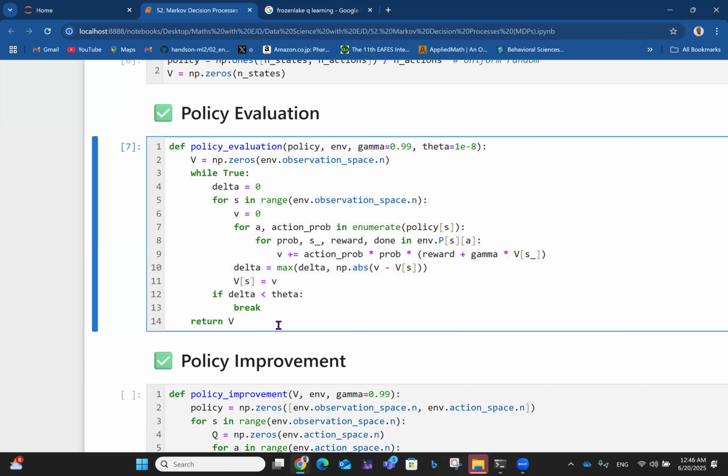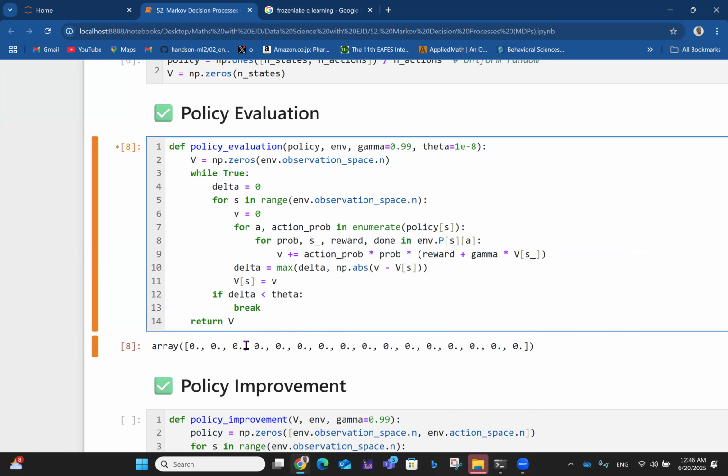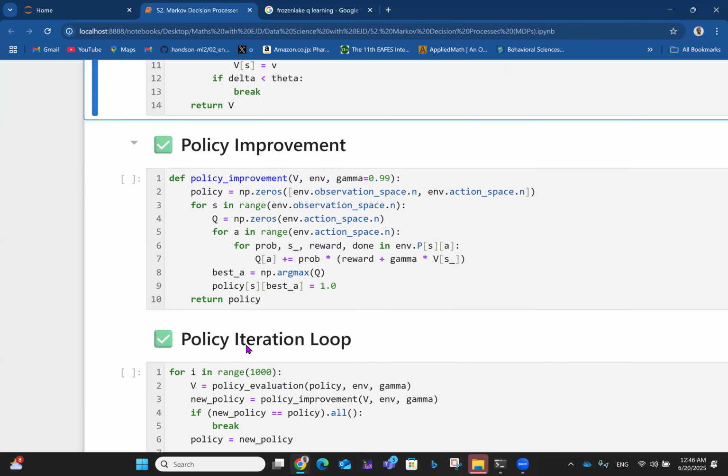Okay, the curious me also wants to see what V looks like here. V is all zeros here. Then the next thing is you want to improve the policy. So you define policy_improvement with V, environment, gamma 0.99, and policy as np.zeros.